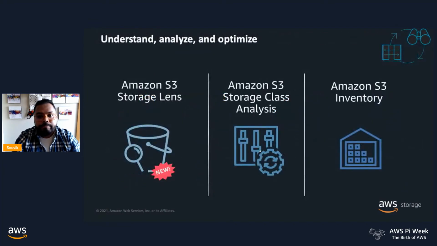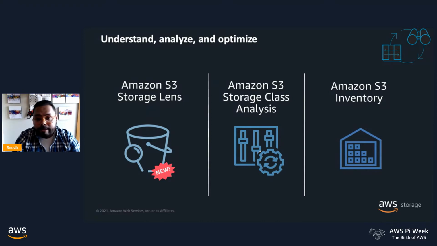Now, as you use Amazon S3 to manage large shared data sets across tens or even hundreds or thousands of accounts or buckets and multiple regions, it becomes more and more important to be able to access complete and up-to-date information about your storage in order to make decisions or to implement optimizations.